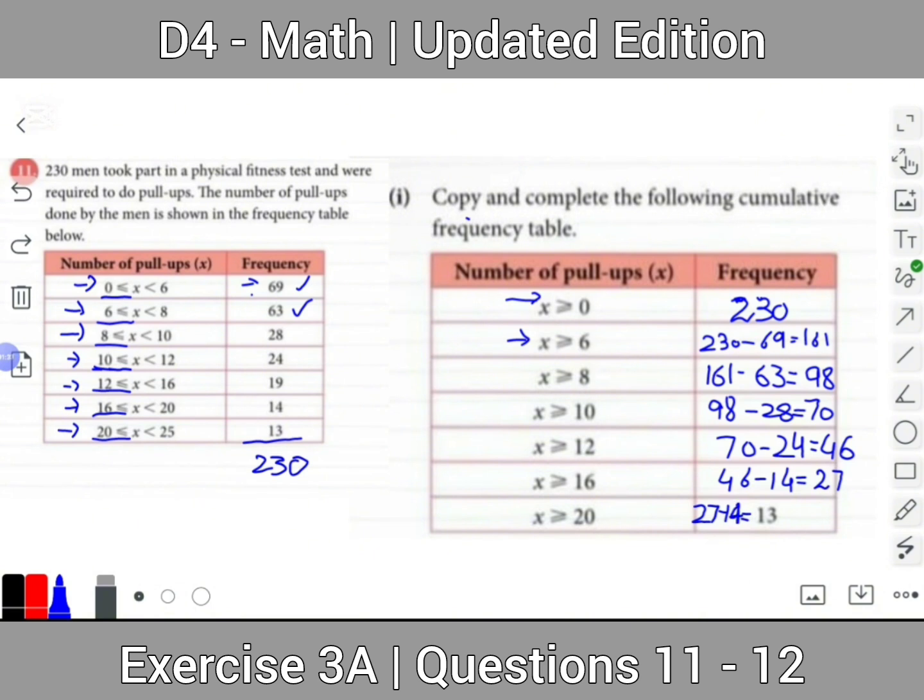In more than type, the first cumulative frequency value is equal to the total frequency. So here we can see that the first cumulative frequency value is equal to the total number of frequencies. So hence this is a completed more than type cumulative frequency table.